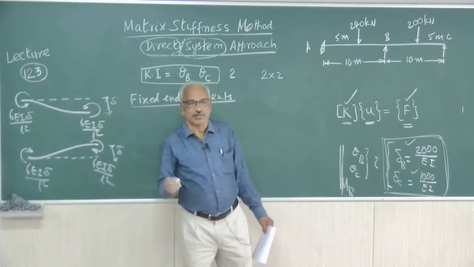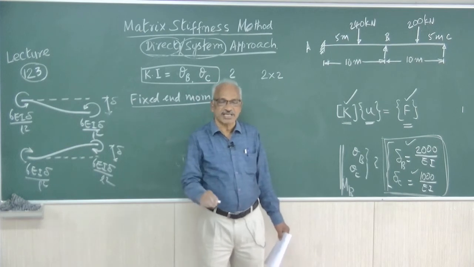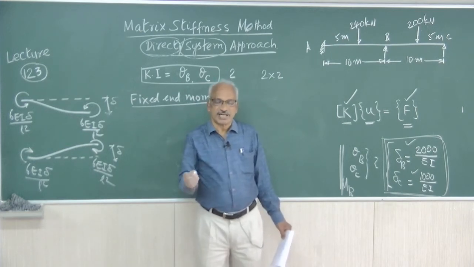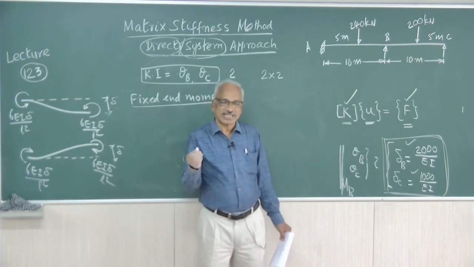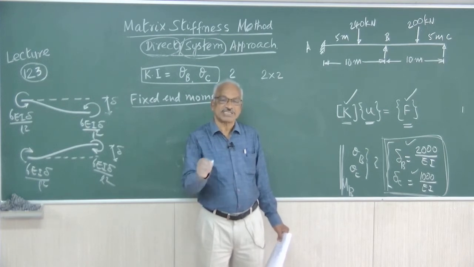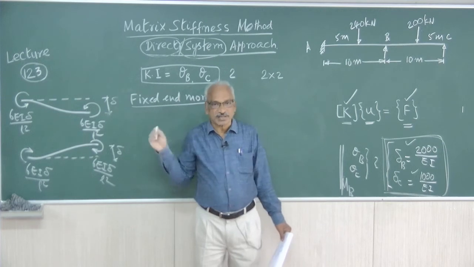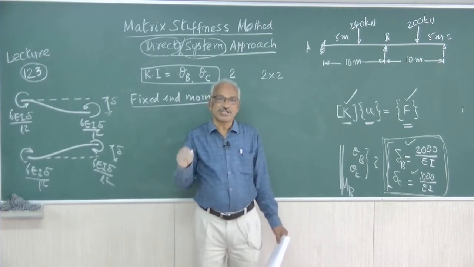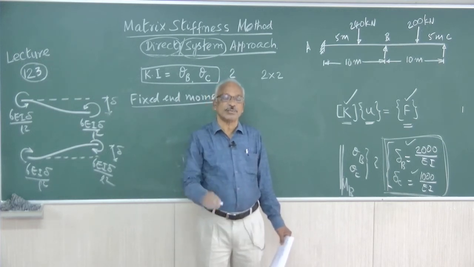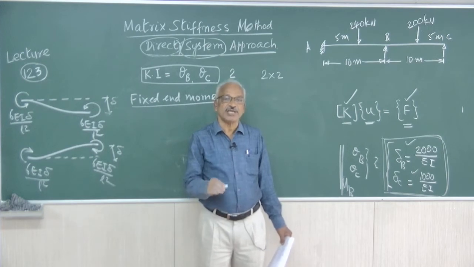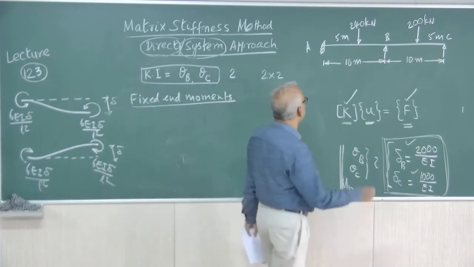In the flexibility method, first we find the static indeterminacy, remove as many reaction or force components as required, and make the structure statically determinate. Here we find the kinematic indeterminacy. First make the structure kinematically determinate, that is Ki equals 0.